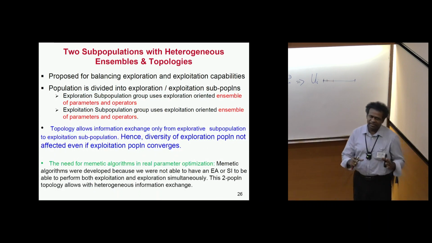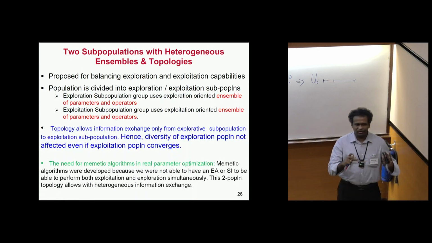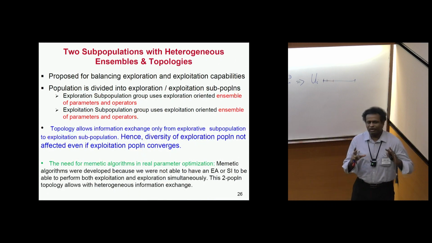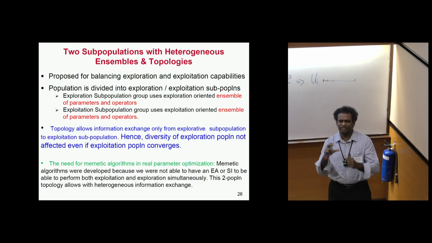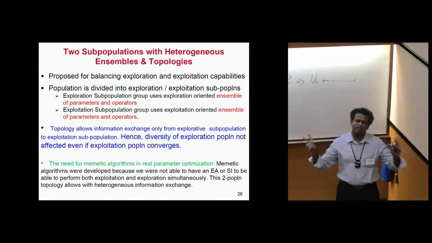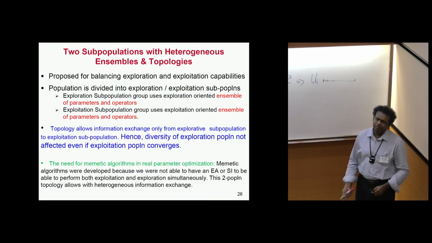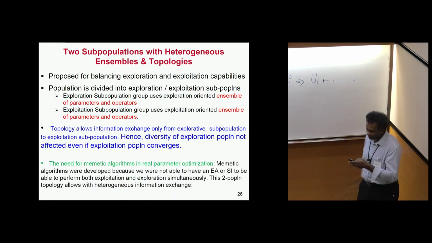And also we showed the population diversity. When we look at the population diversity, we could see the exploitation population converges to almost zero diversity, all of them going to one point, but the exploration population still can remain diverse. We were able to show that because the information exchange is only one way.